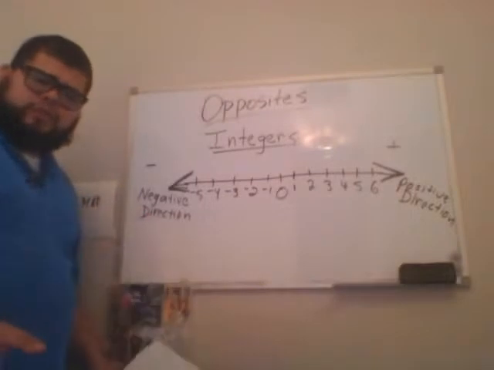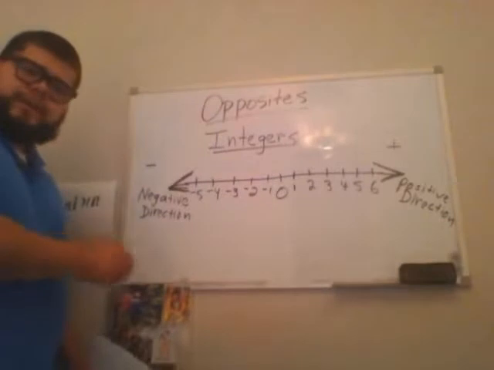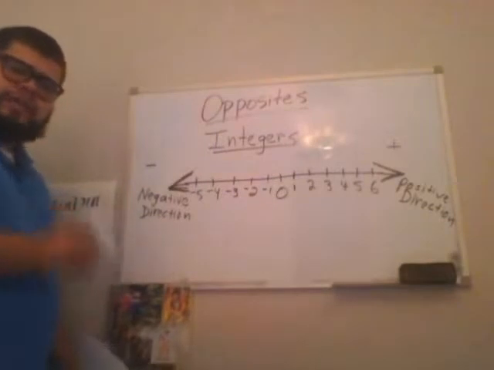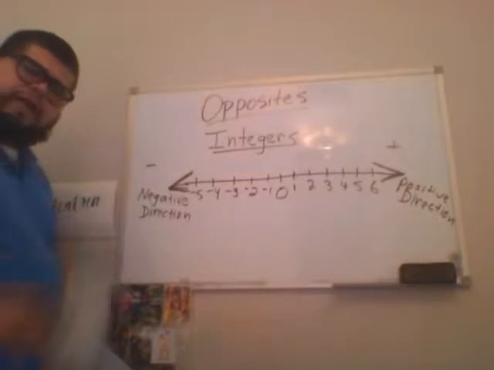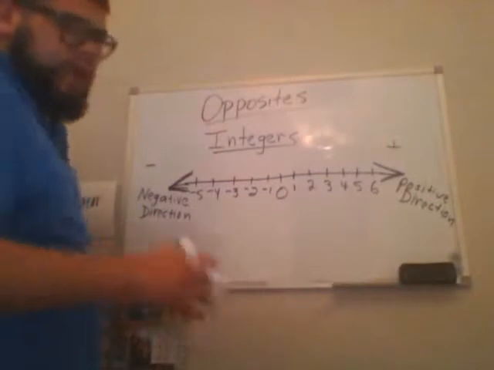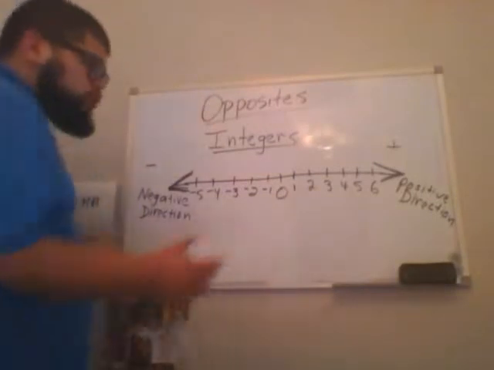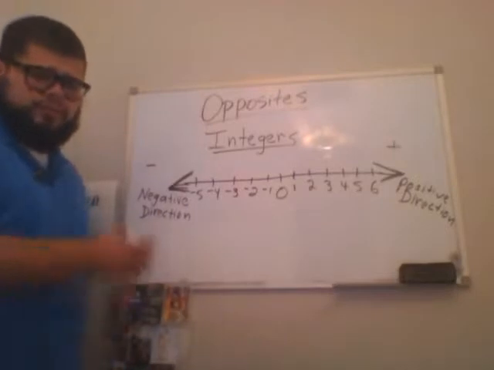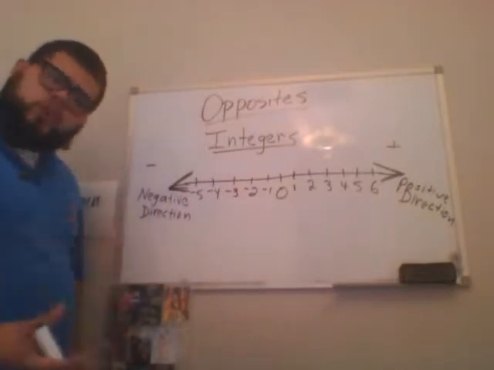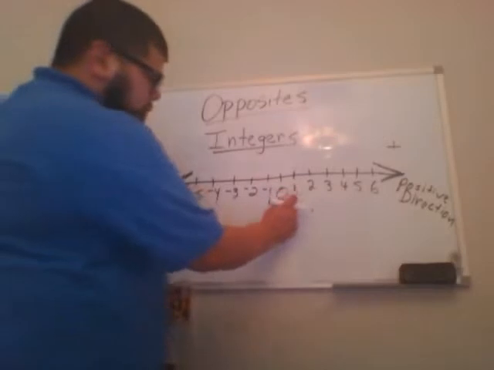Now, talking about the rational numbers, I'm going to go ahead and erase this. This was a number line representation of the integers. The rational numbers are really difficult to draw on a number line. Why? Because there are so many, just between 0 and 1.